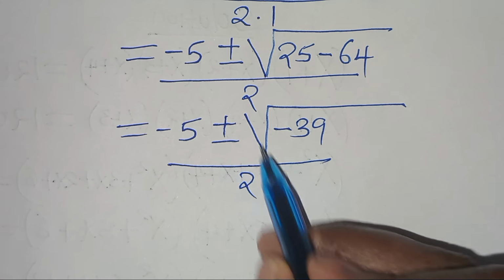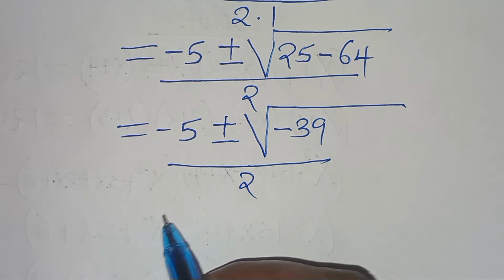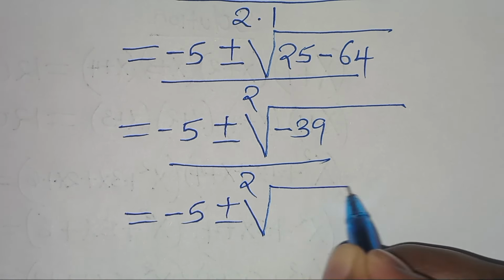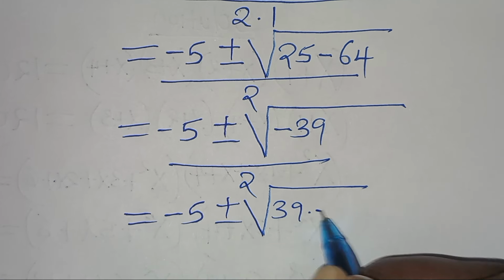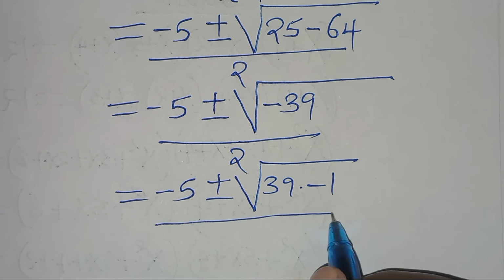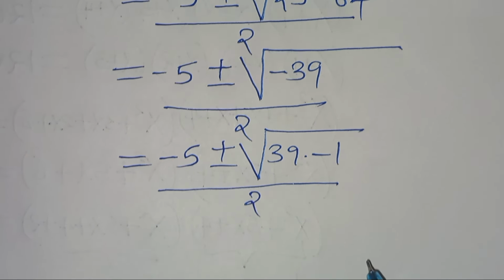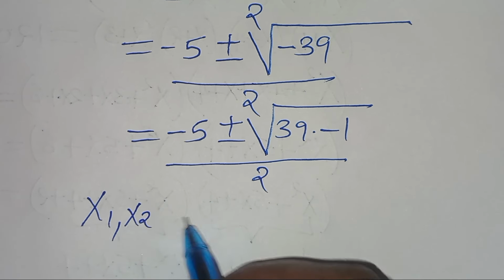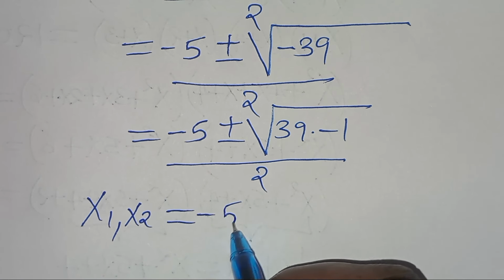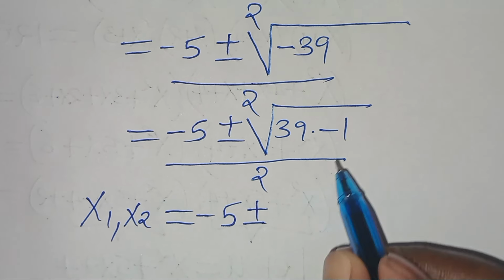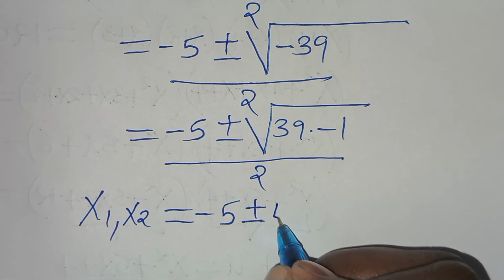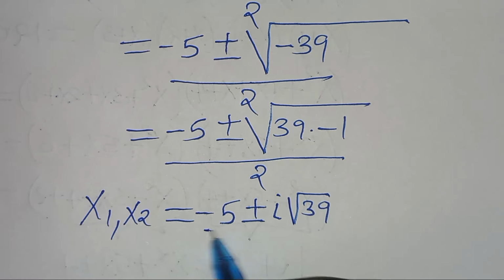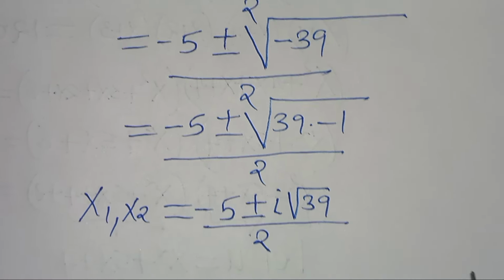Now we can express the square root of minus 39 as, this is the same thing as 39 multiplied by minus 1, divided by 2. And this implies that we have x1, x2, this is minus 5 plus or minus the square root of minus 1, this is i, then we have square root of 39, everything here divided by 2.